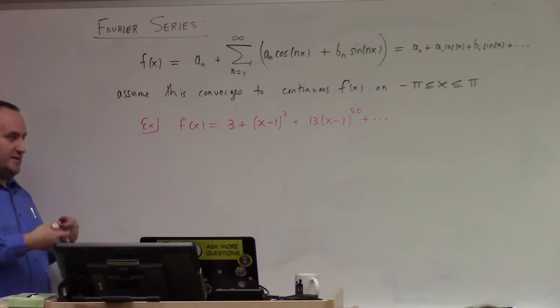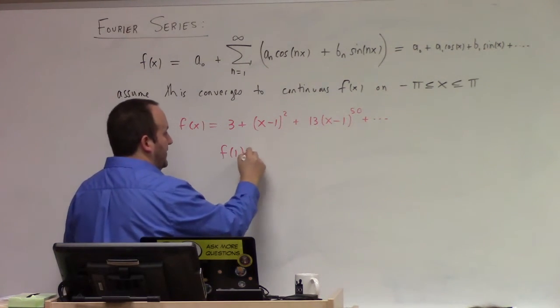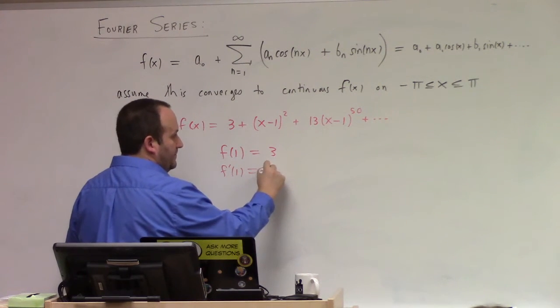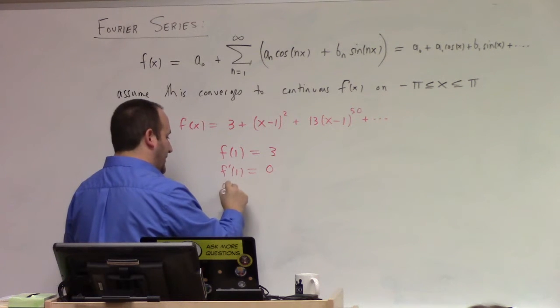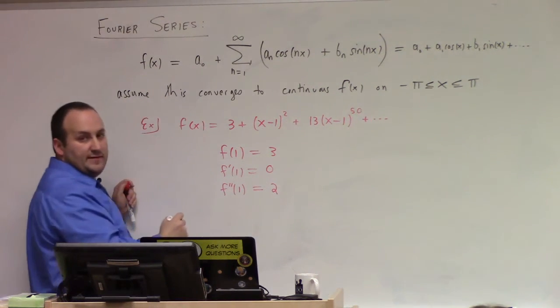There's tons of data here. Some low-hanging fruit: f of 1 is 3, f prime of 1 is 0, f double prime of 1 is 2.